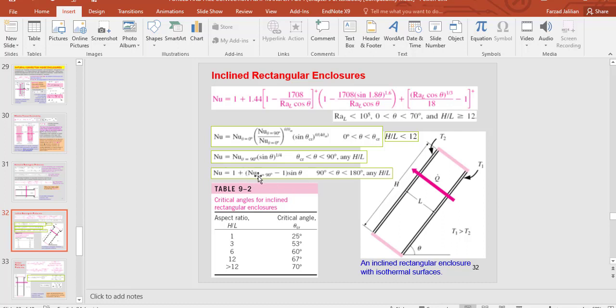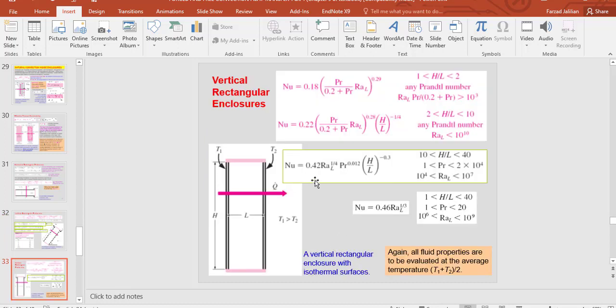I told you about this Nusselt number for when theta is 90 degrees. When theta is 90 degrees, actually we have vertical rectangular enclosures. The Nusselt number for this type of enclosure can be calculated by this equation. You can see here how this vertical rectangular enclosure looks.